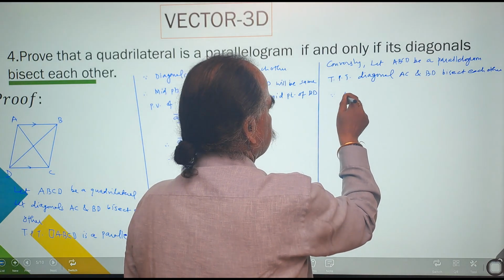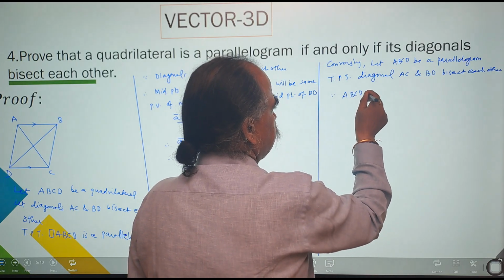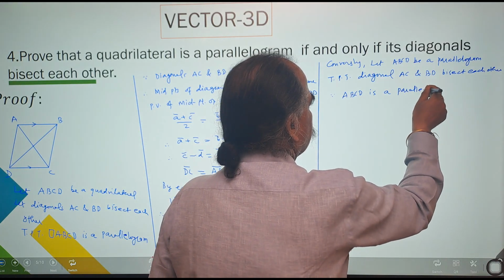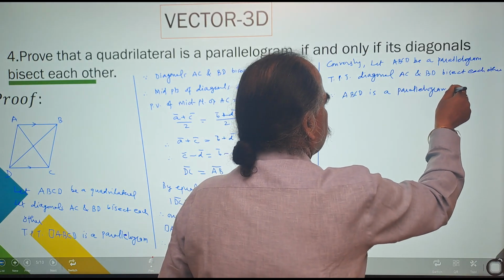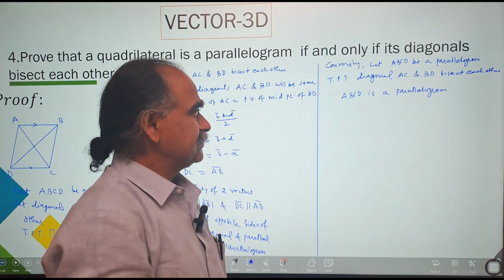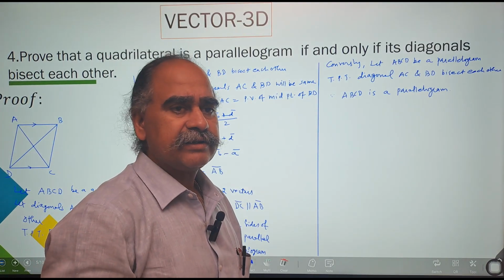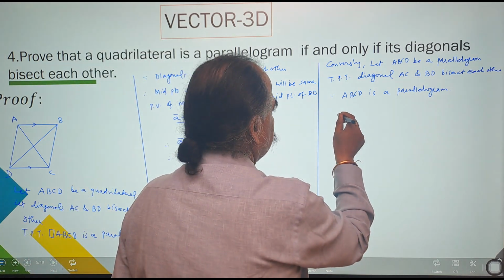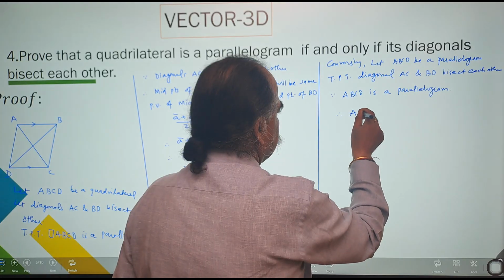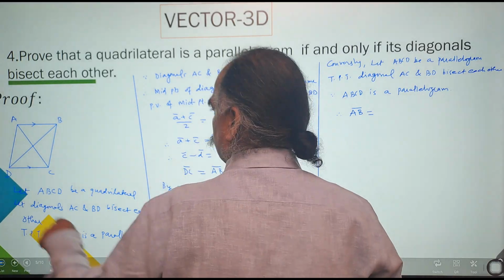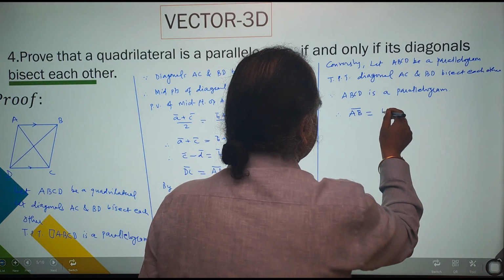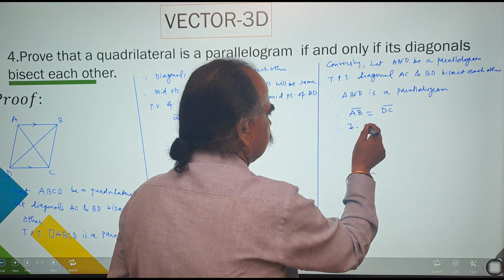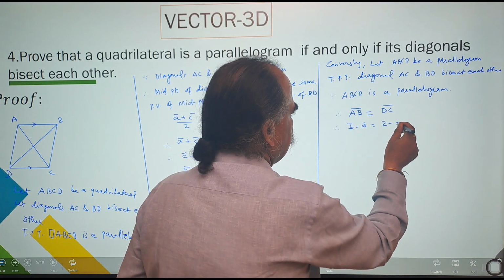Since ABCD is a parallelogram, and all of you know that opposite sides of a parallelogram are equal and parallel. So AB bar is equal to DC bar. AB bar is what? B bar minus A bar, C bar minus D bar.